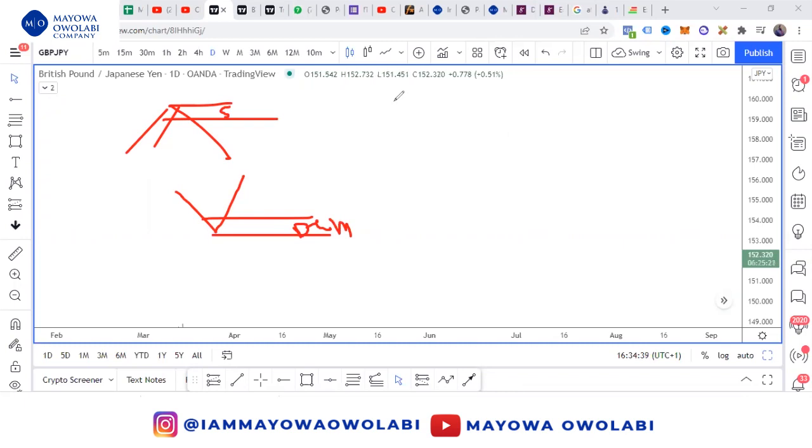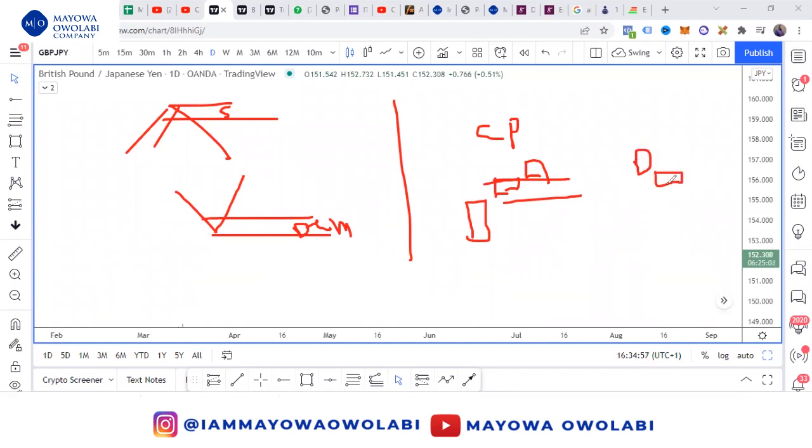And I also made mention of continuation patterns, which will allow us to enter a trade when the market is already trending. So we have rally-base-rally, or we have drop-base-drop. When it is drop-base-drop, all we need to do is make sure that we engage with it and we are good to go.